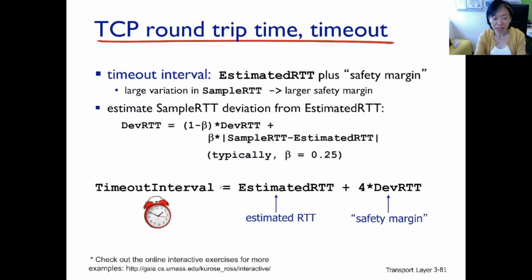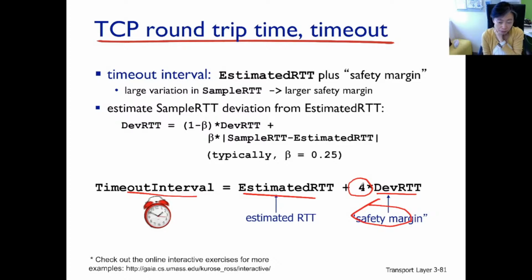And now finally, the timeout interval. It is the estimated round trip time plus the safety margin, which is determined by the deviation of round trip time. Now as to why 4 times the deviation of round trip time, the original designers of TCP don't usually talk about this.